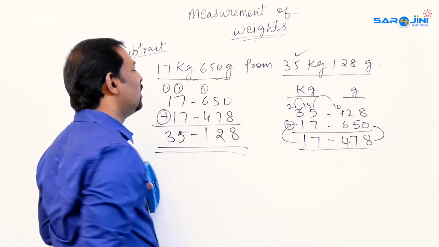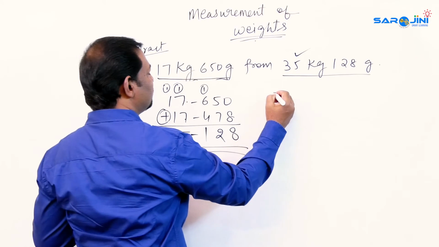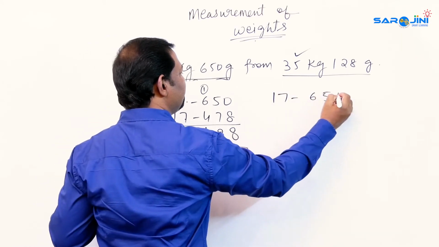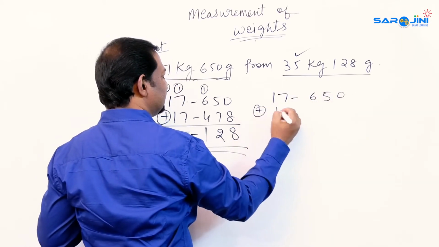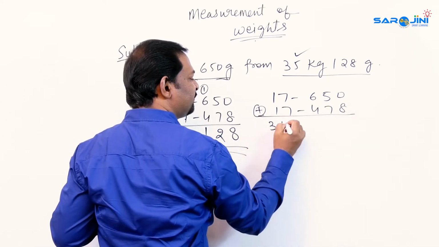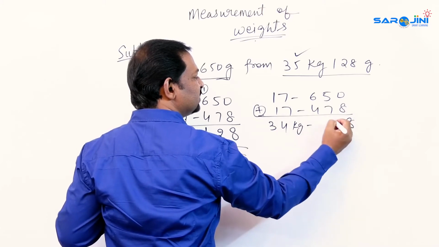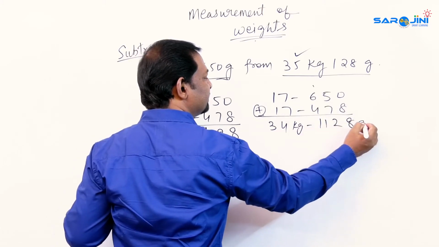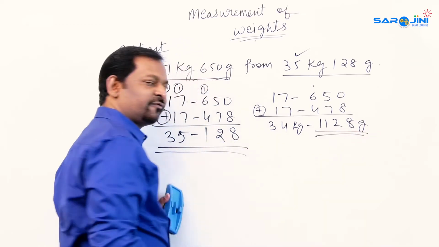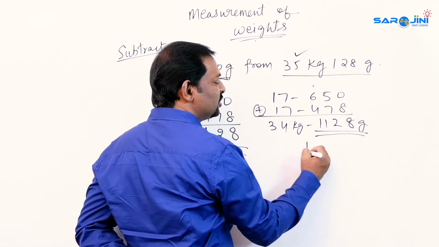Here it is. Or there is one more possibility to find this out. Suppose 17,650 plus 17,478. On adding, this is 34 kgs, right? And this one is 8, this is 12, this is 11 grams. So here 1128 grams. So how to convert into kilograms?